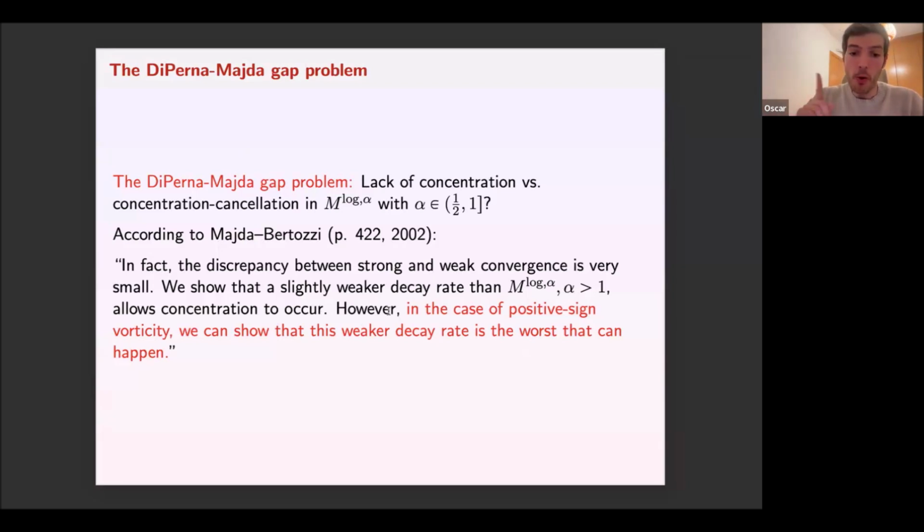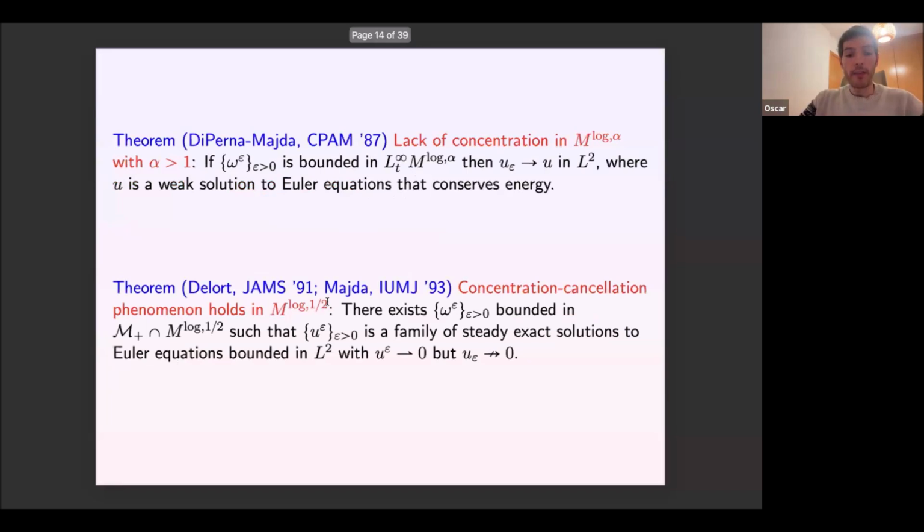However, and this is important, in the case of positive sign vorticity, we can show that this weaker decay rate is the worst that can happen. So this last statement suggests that working with positive sign vorticities, 1/2 is the optimal regularity to achieve concentration cancellation.